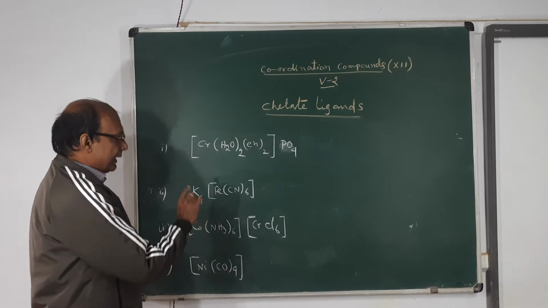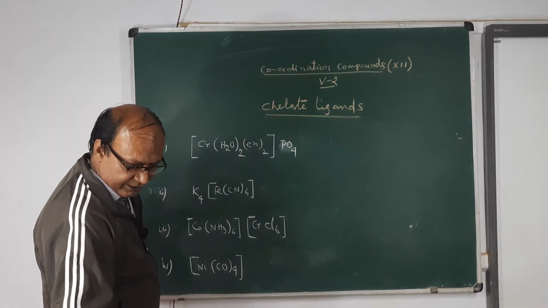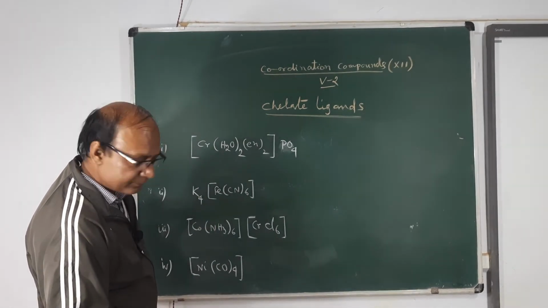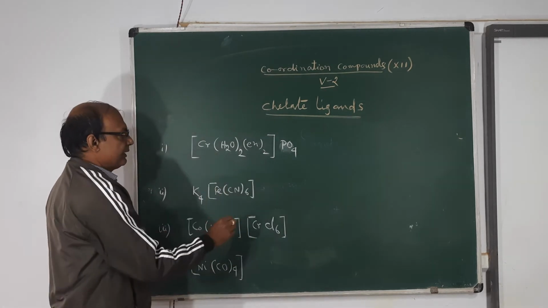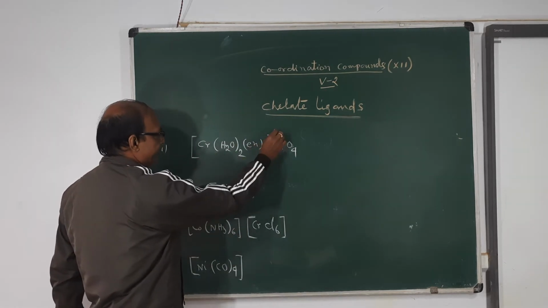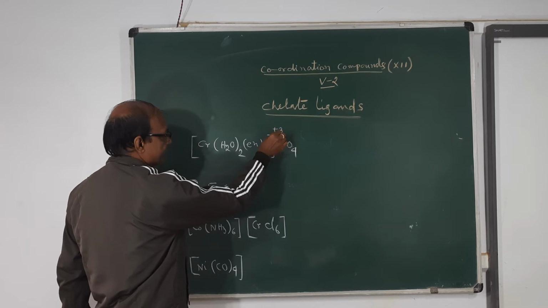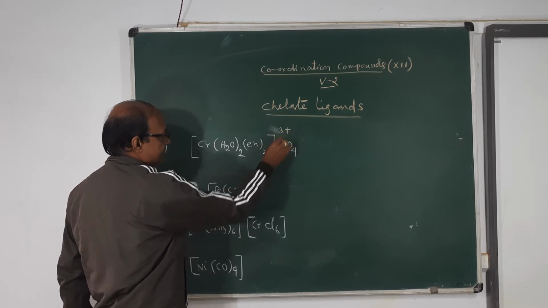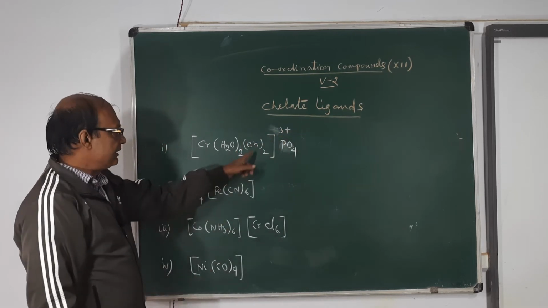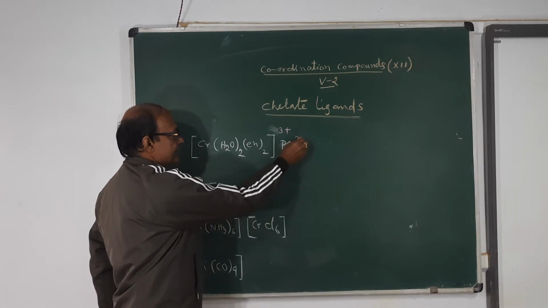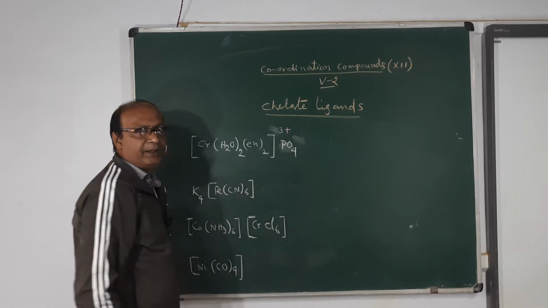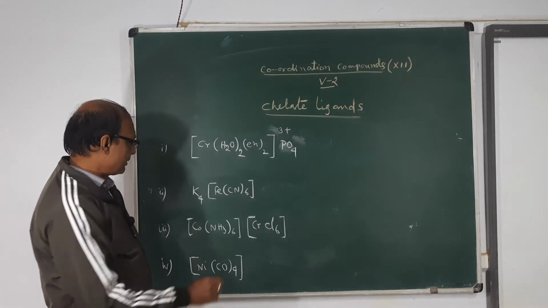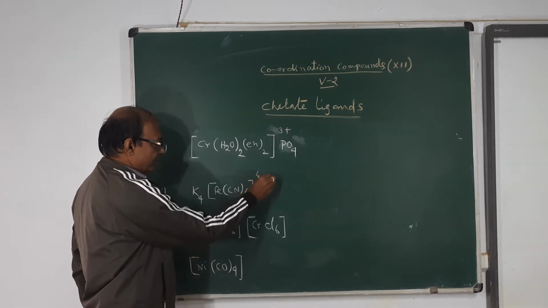Now, another point that I want to mention: if you look at the first complex, the complex entity bears a positive charge, 3 plus. Here it is 3 minus, so I am writing the charge of the complex entity. Here the charge of the complex entity is 4 minus.